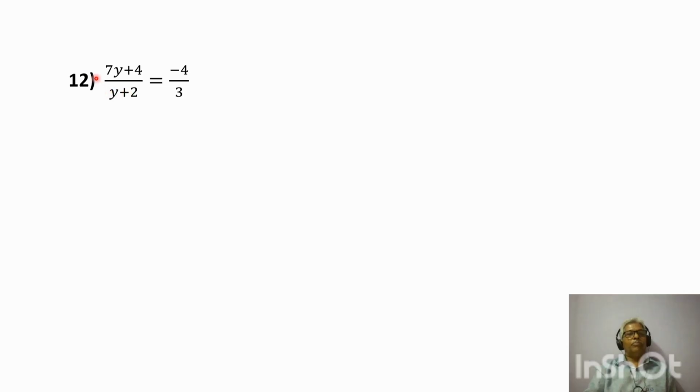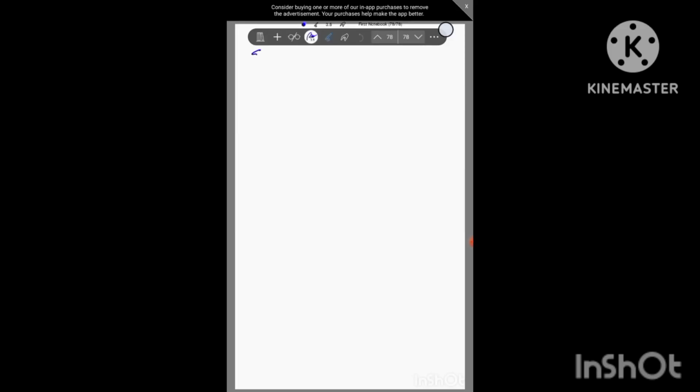Problem: 7y plus 4 divided by y plus 2 equal to minus 4 upon 3. So this is a problem of the type where we are not given this in a linear form directly.